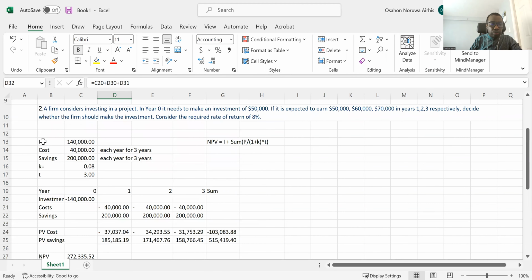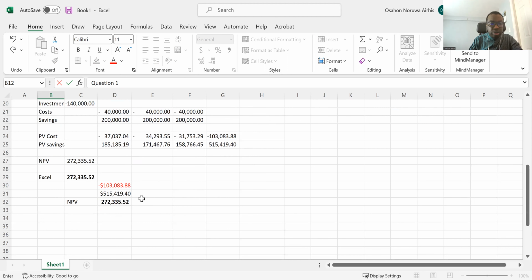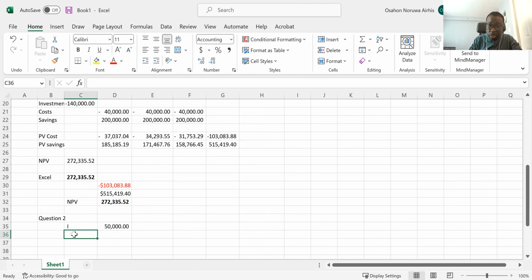So for question 2, it's pretty straightforward, pretty much like we've done before. For question 2, our investment is 50,000, and it says that there's no cost here.